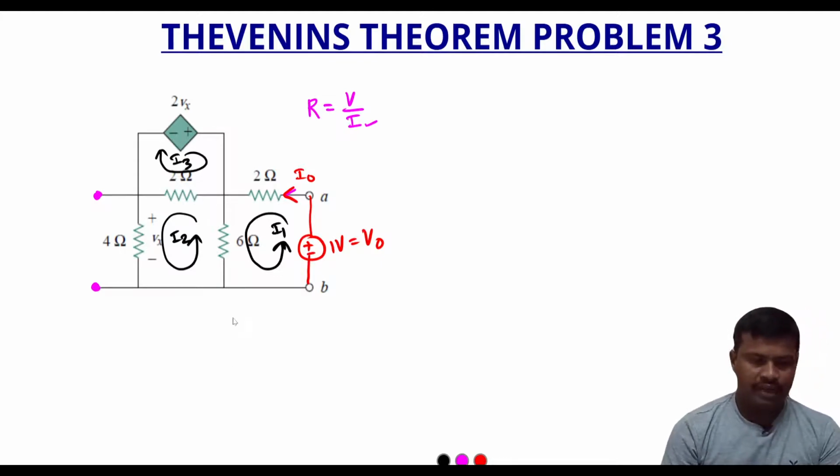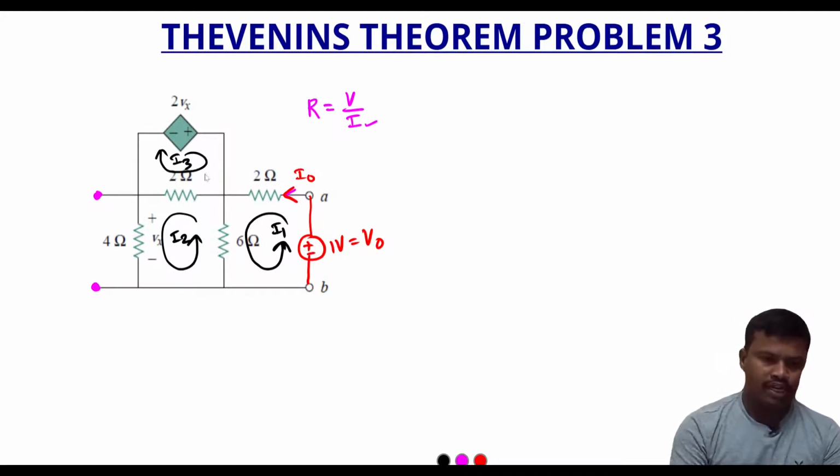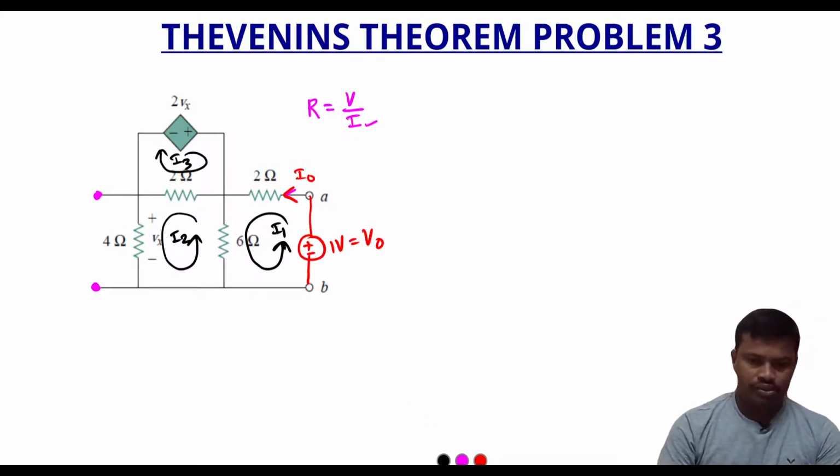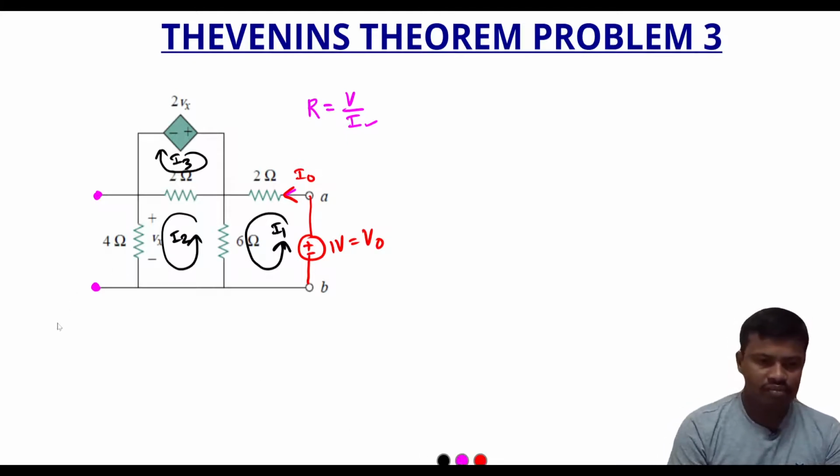Now we will apply KVL to loops number 1, 2 and 3 to find out the value of current I0. As we know, the value of loop current I1 is equal to I0. So we will start by applying KVL to loop 1.